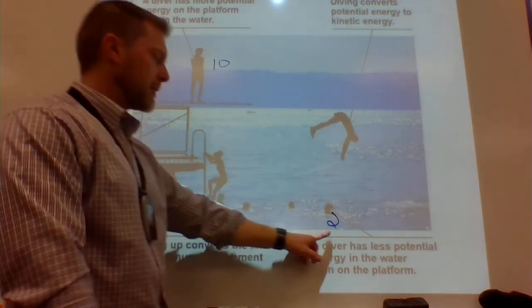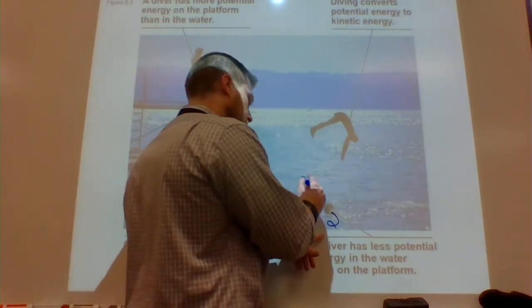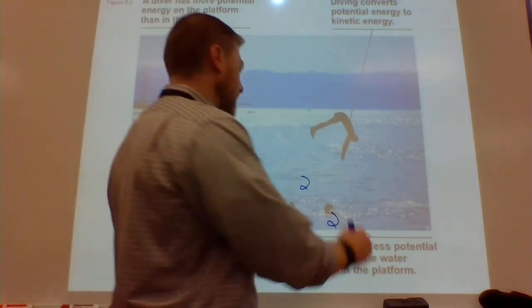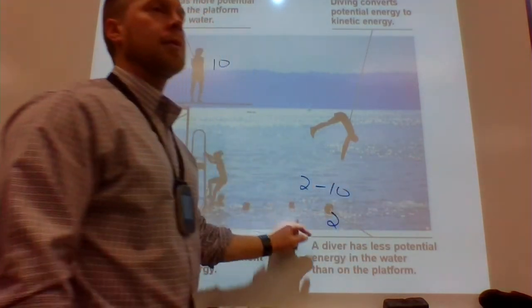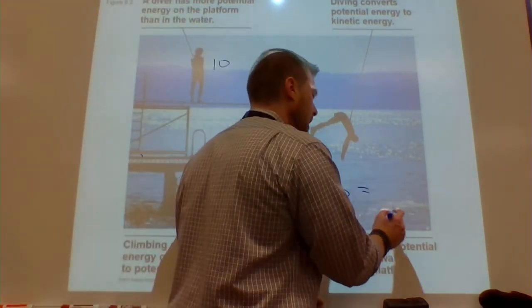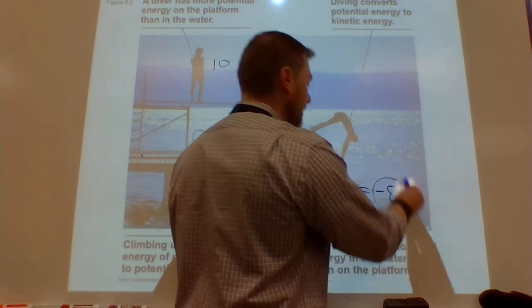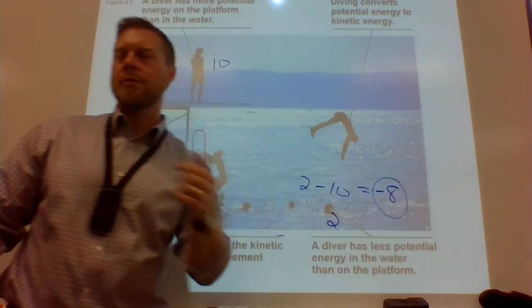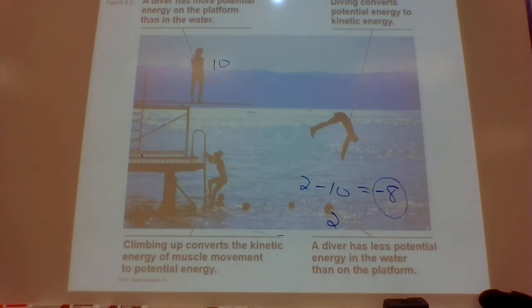So if we looked at her potential energy final, 2, minus the initial 10, her delta G would be, again, a negative 8. So is her jumping off the diving board, would we call this reaction spontaneous or non-spontaneous?